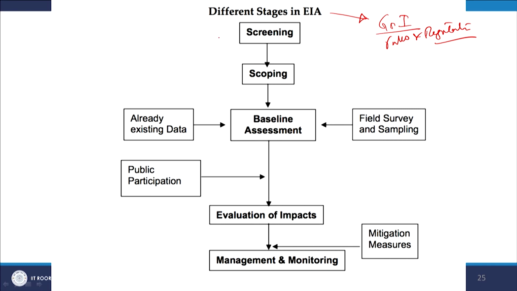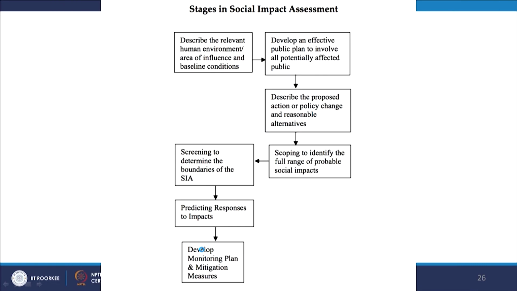This method has some kind of screening, scoping, baseline assessment, evaluation of the impact, management and monitoring. So, this is a simplified methodology. Please go through the rules and regulations, you will find the detailed methodology. Similarly, there is a method streamlined as social impact assessment. Apart from the natural environment impact assessment, there could be social impact assessment that also has several stages. So, go through the rules and regulations, you will get more idea about the basic method.